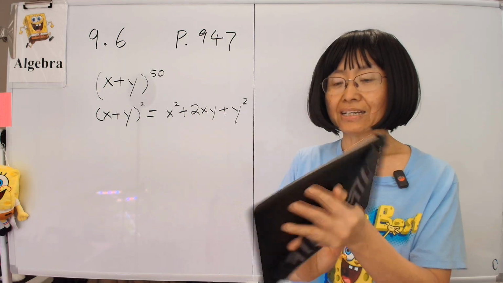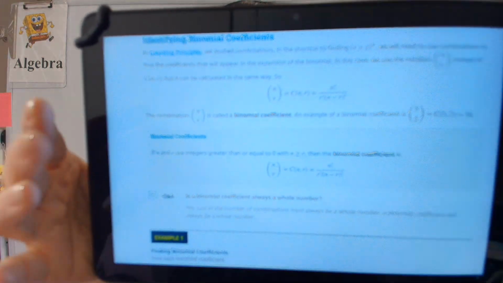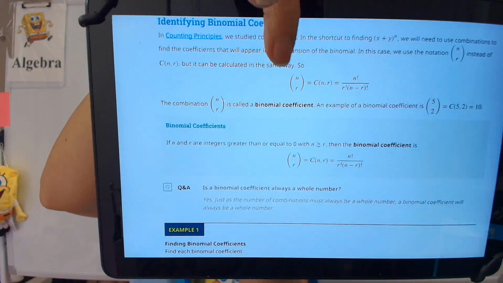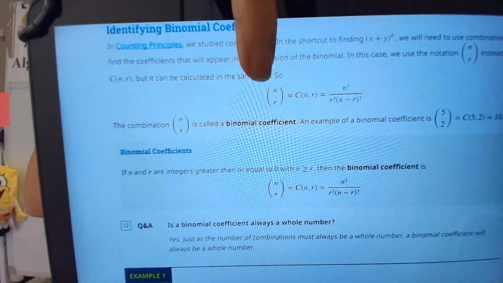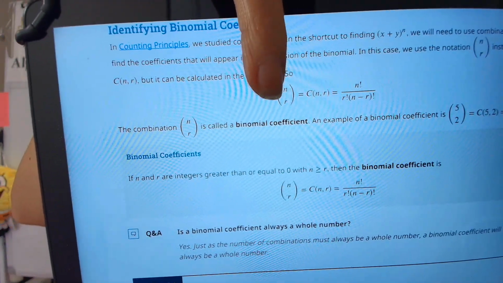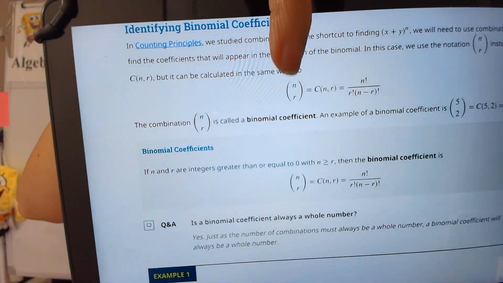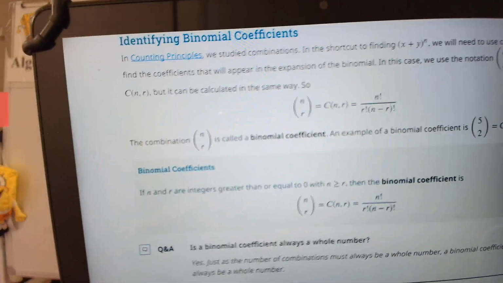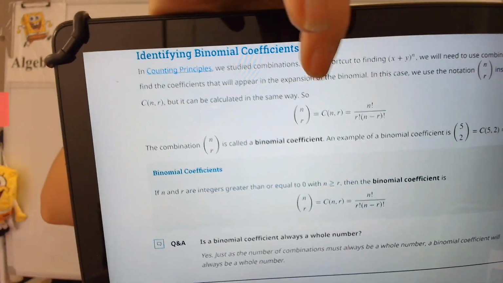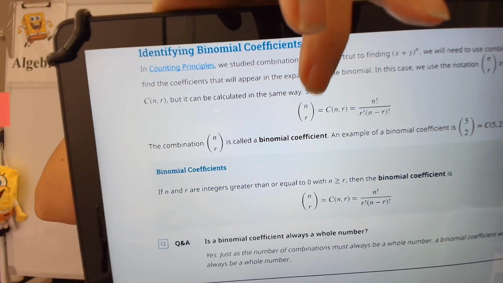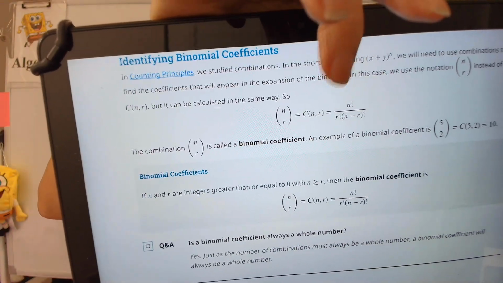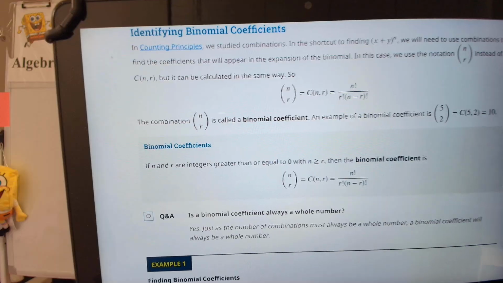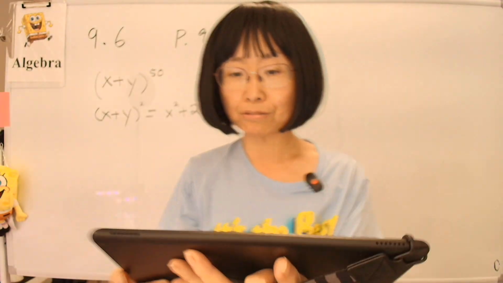We will write it with big parentheses on both sides, n on top and r on the bottom. That means the combination, which the book calls C(n,r), same thing, which equals n factorial divided by r factorial times (n minus r) factorial.